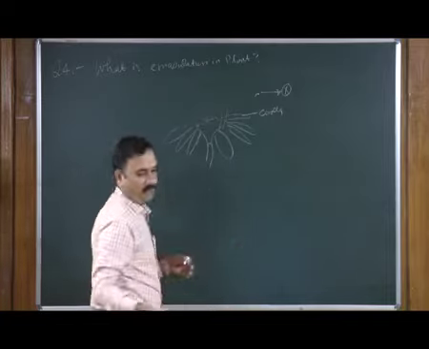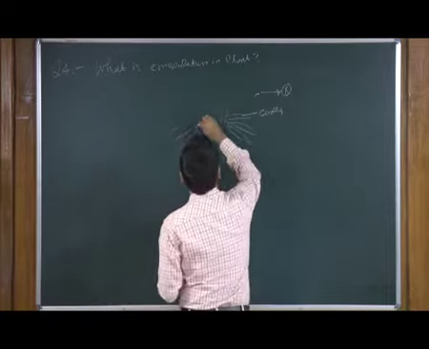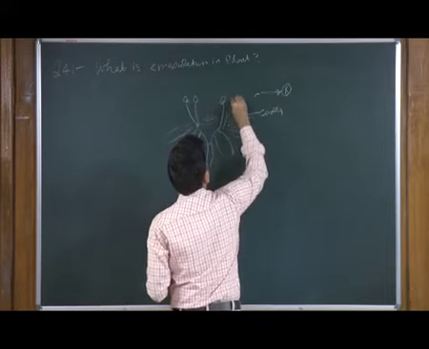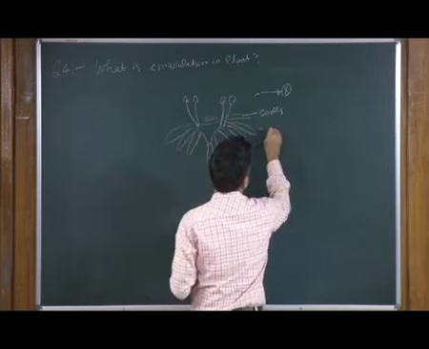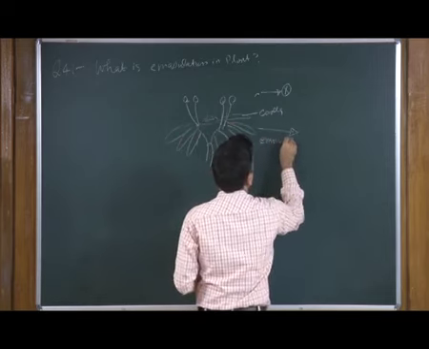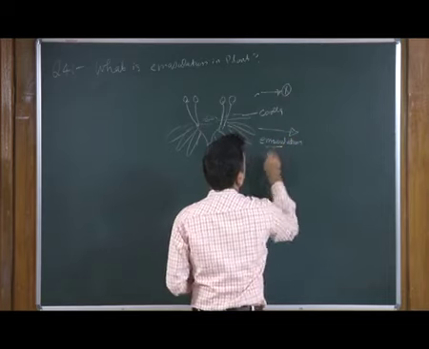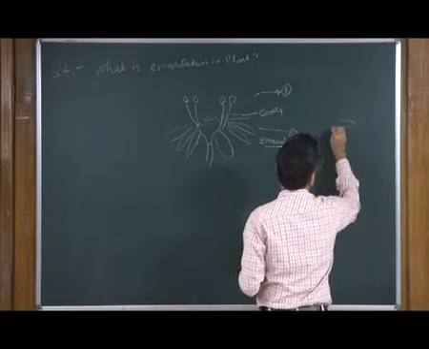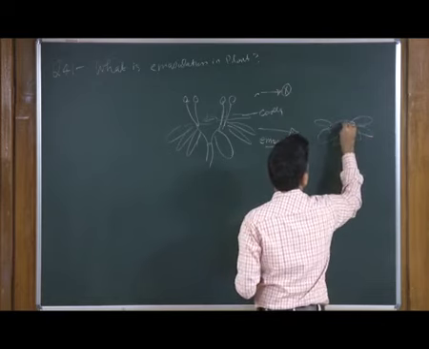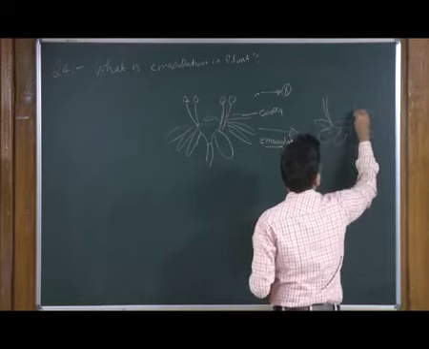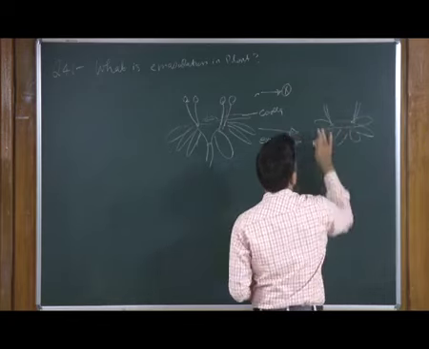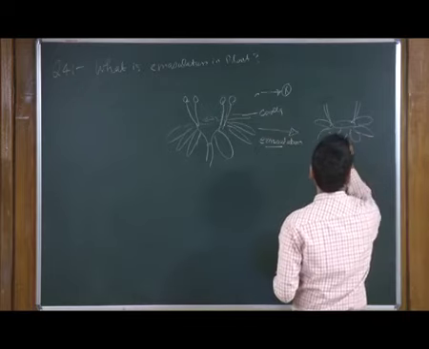The bagging technique is this. First you do emasculation. What is meant by emasculation is that you have this flower, this is the stigma, and you have removed the top portion.